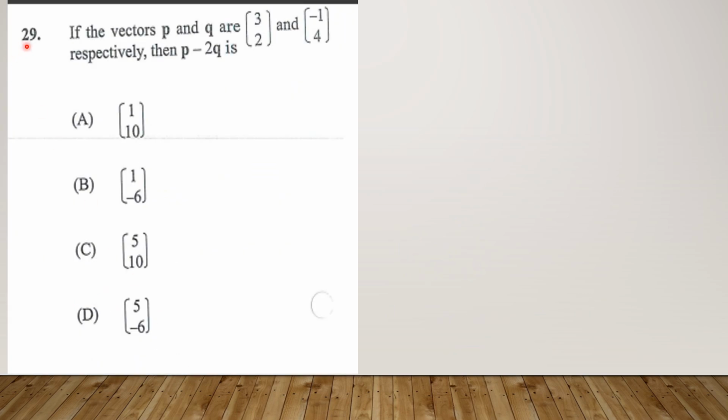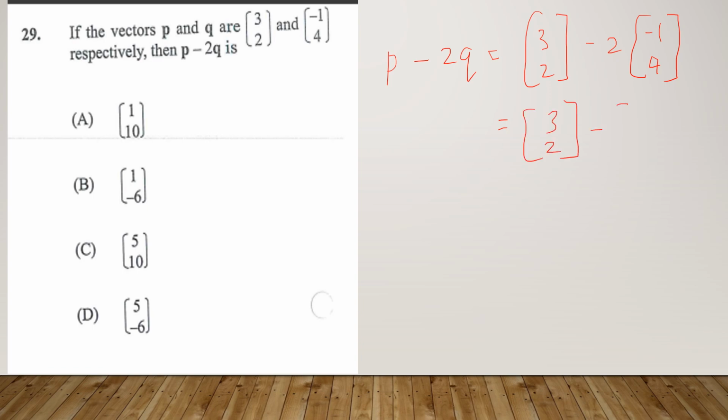Question 29. If the vectors P and Q are 3, 2 and -1, 4 respectively, then P minus 2Q would be 3, 2 minus 2 by -1, 4. So that is 3, 2 minus -2 and 8.